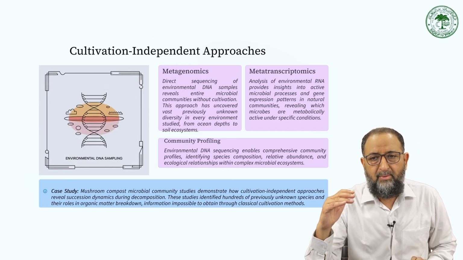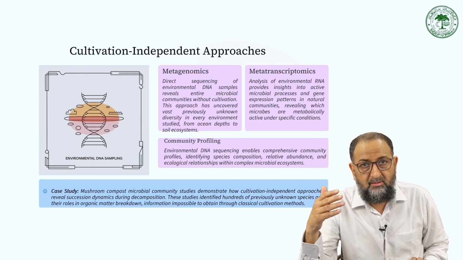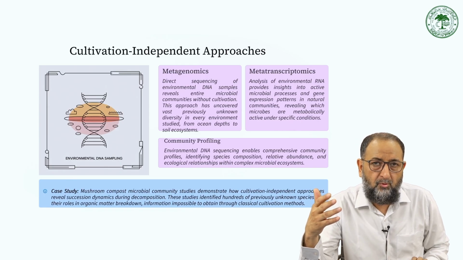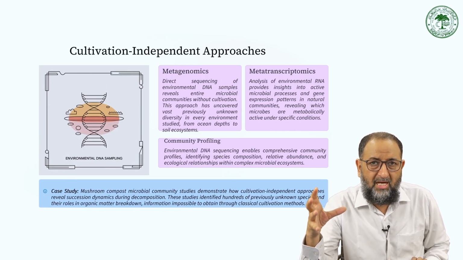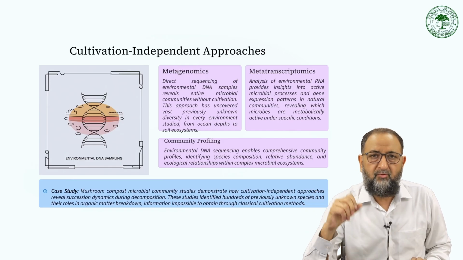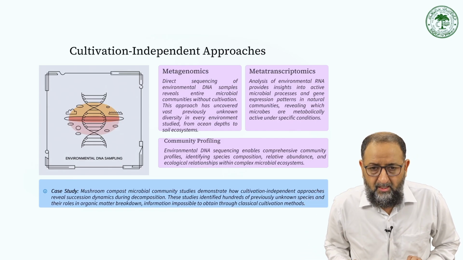When you go for metatranscriptomics, you will identify the expression of certain genes, and you can look into which environment or ecosystem has a particular kind of gene-carrying bacteria. So this is one advantage of metatranscriptomics at the level of gene expression.